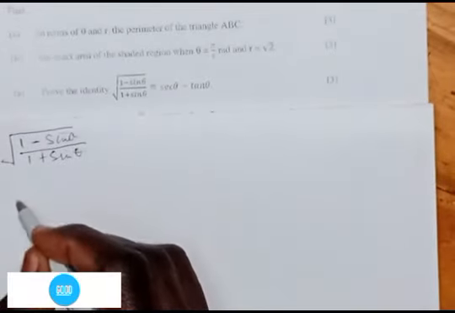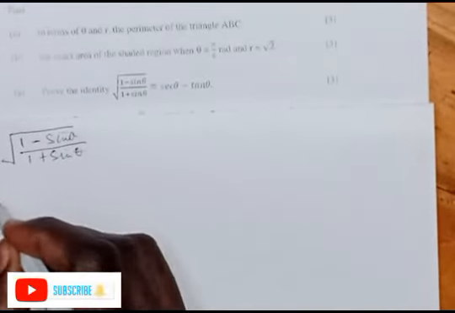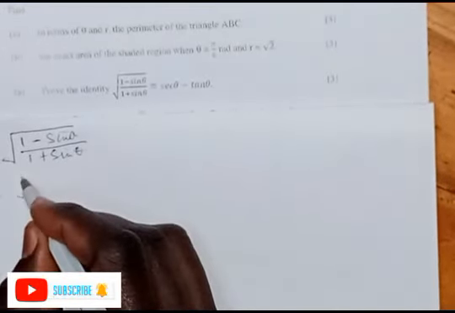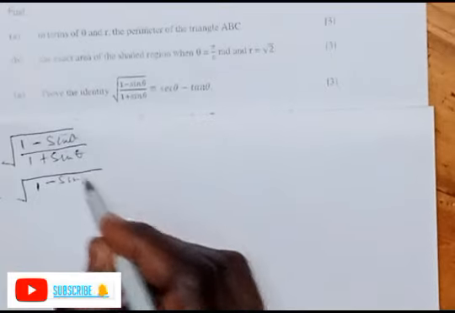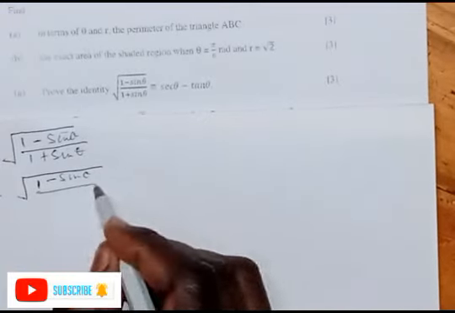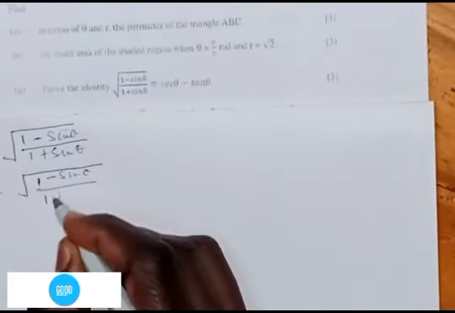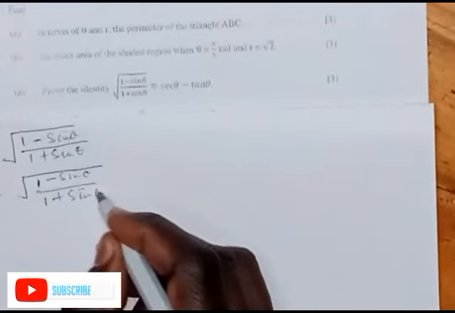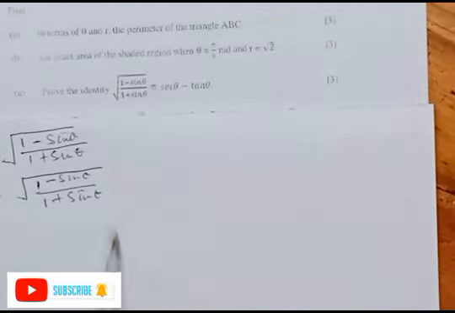So we have to multiply both the upper and the lower by the conjugate.